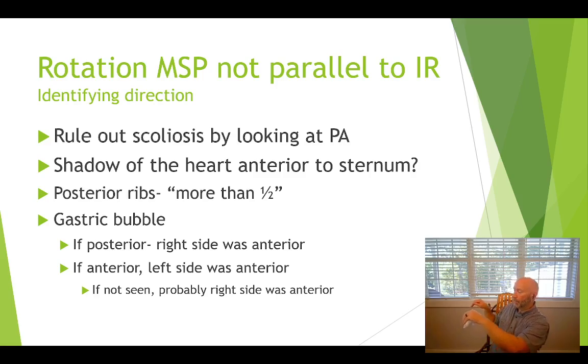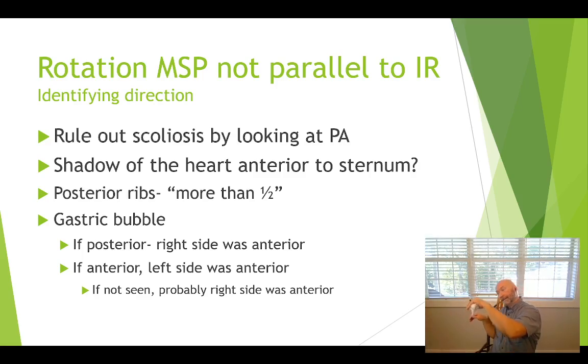Likewise, if we have vertical separation, then what we're going to see is this. Again, gastric bubble. So if the gastric bubble is low, so you have vertical separation of the two diaphragms, if the gastric bubble is low, then that indicates the patient is leaning towards the image receptor. If the gastric bubble is high, that means the patient was leaning away from the image receptor.